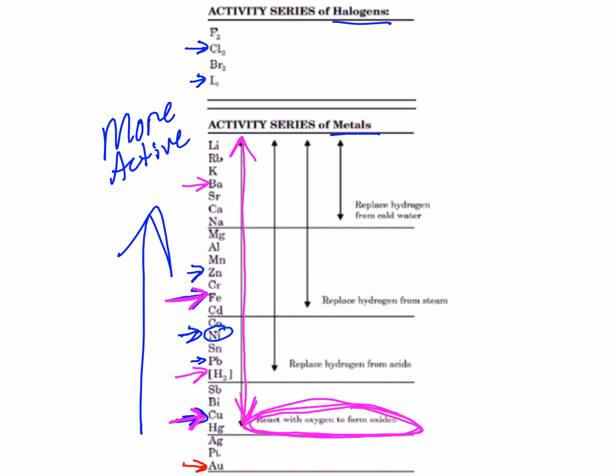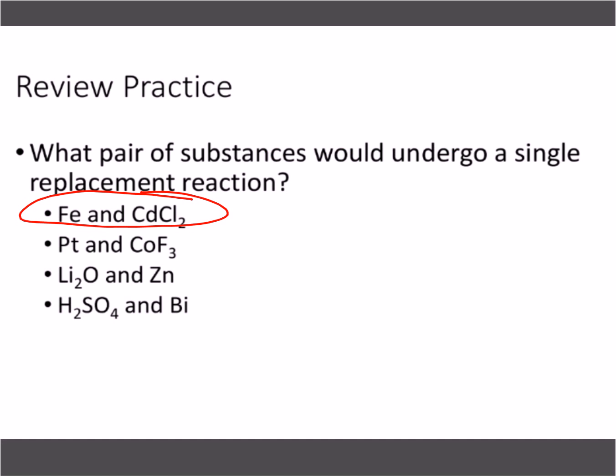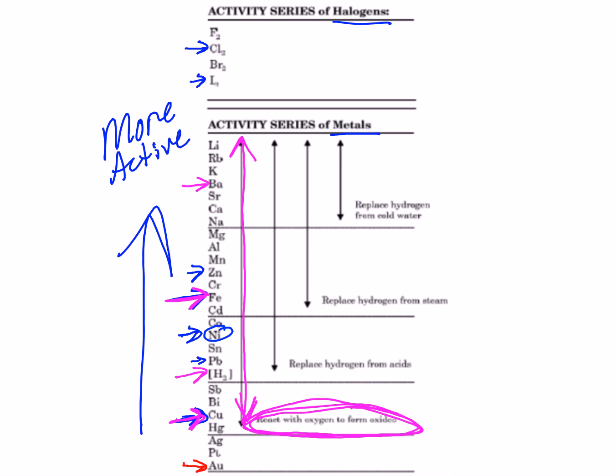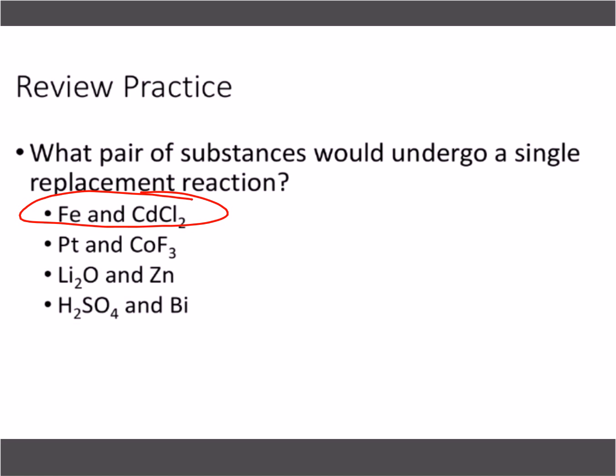No, guys, lithium is the highest, most active, so nothing is going to replace lithium, all right? But if we take a look at the first one, iron is going to replace cadmium. Let's go back and take a look. Iron is right here. Cadmium is just below it, so iron will replace cadmium. Okay. Platinum's not going to replace anything because it's at the bottom.